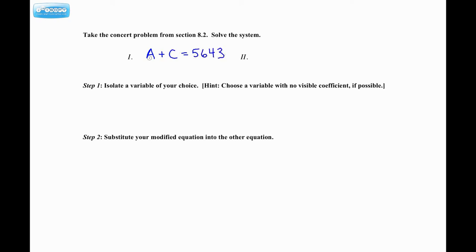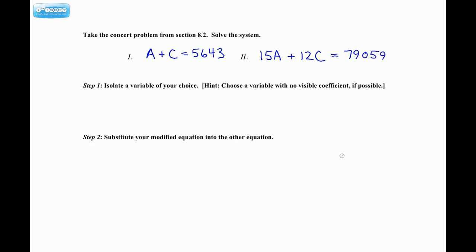So the number of adults plus the number of children equals 5,643 people. The other equation was the price of the ticket, so $15 times the number of adults plus $12 times the number of children. That's our ticket revenue of $79,059.